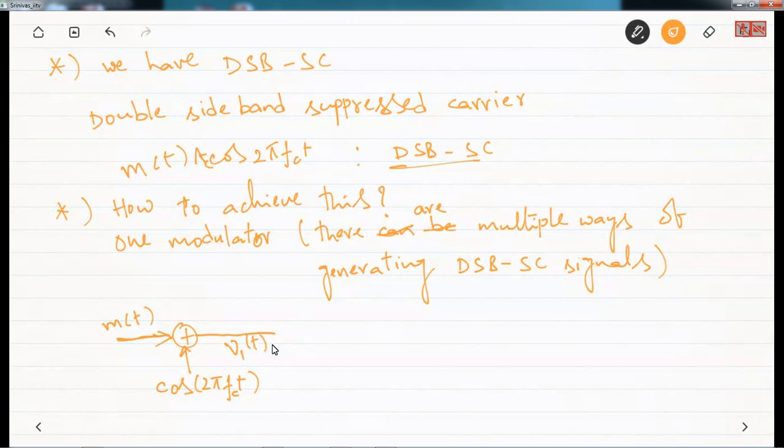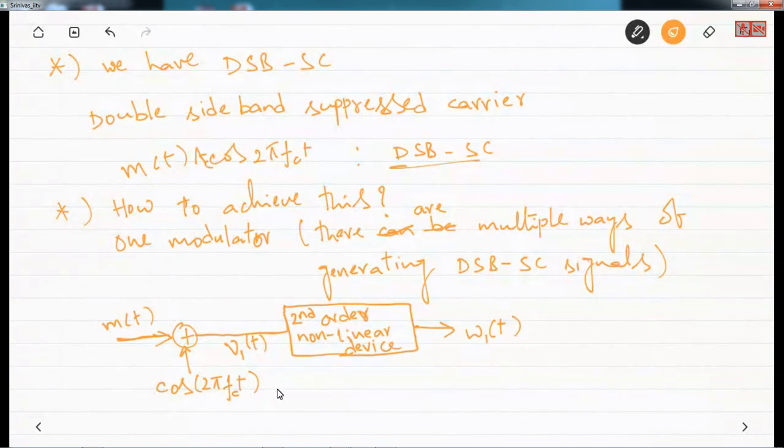And let's give that to a device which is a second order nonlinear device. Is this clear? We are just representing a device with a black box. That device is a second order nonlinear device. Let's call its output w1 of t.